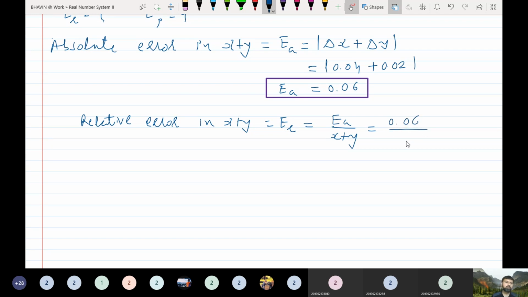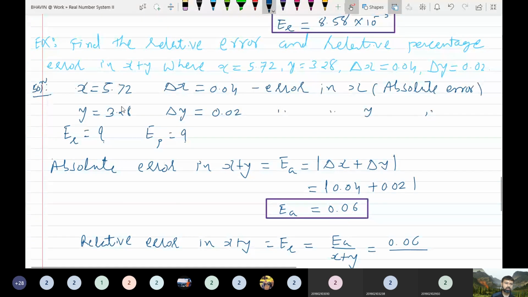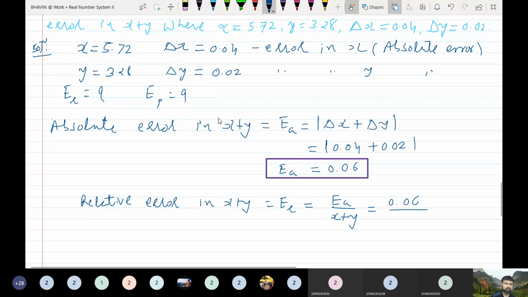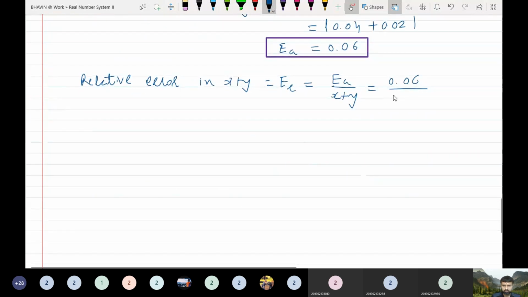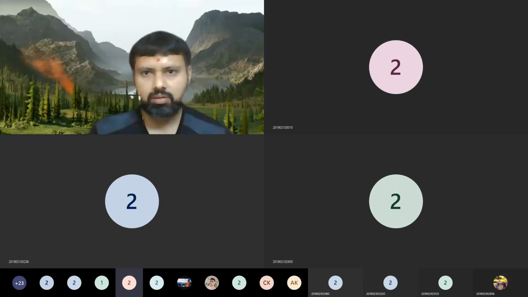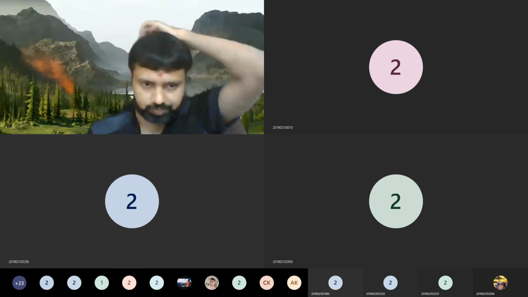So 0.06 upon x plus y. X is given 5.72 and y is given 3.28. So 5.72 plus 3.28. What is the summation of this? I think this is 9. Yes, directly you will get 9.